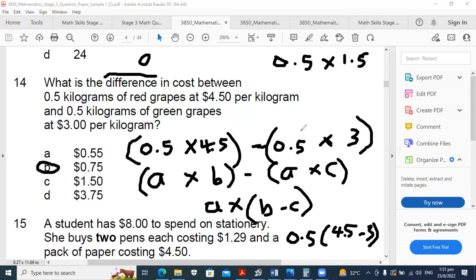So that's why I asked what is 0.5 times 1.5. Rather than multiply these two, then subtract them without a calculator, you could just do this. Follow? Yes, sir. But it only works when you have like two 0.5.